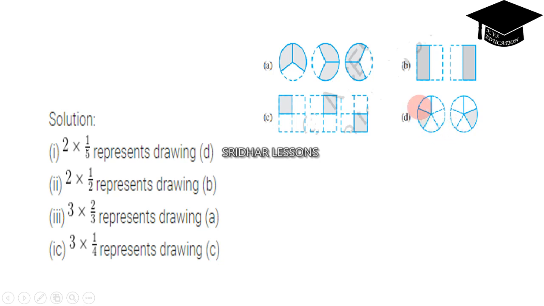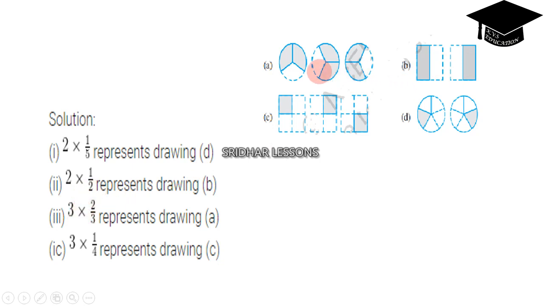Okay, 1, 2, 3, 4, 5. So 2 into 1 by 5 represents picture D. Okay, next 2 into 1 by 2 represents part B, because we have two squares. Okay, and half of them were filled with color or shaded with color. So 2 into 1 by 2.